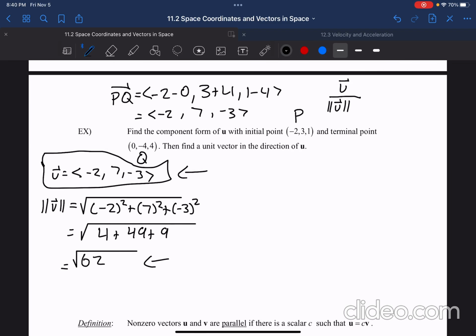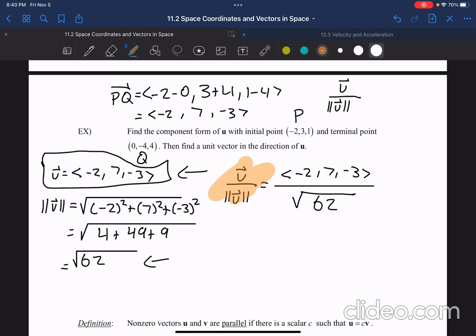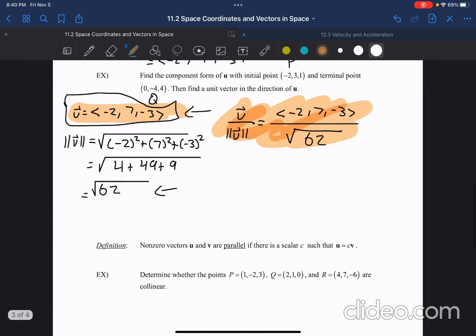So it would be <-2, 7, -3> all over the square root of 62. And that is our final answer. This was also the first part of our question.